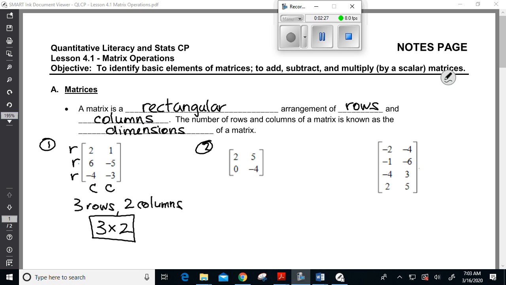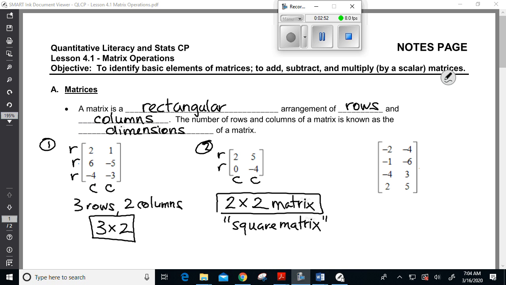For example number 2, 2 rows, 2 columns. So this would be a 2 by 2 matrix. Now, just know that if the number of rows and number of columns are the same, then we call that a square matrix. That's more so for your own information, though. And then, example 3, 4 rows, 2 columns.